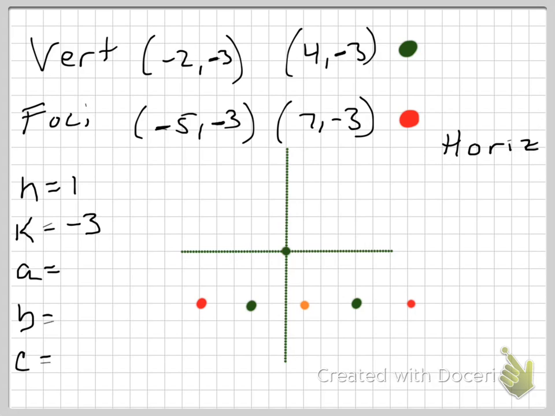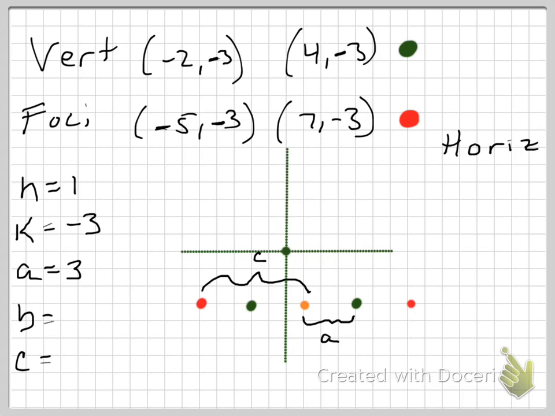Okay, now look how simple this is. The vertices are a away from the center. So a is 3. The foci are c away from the center.